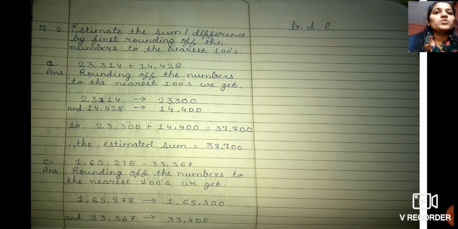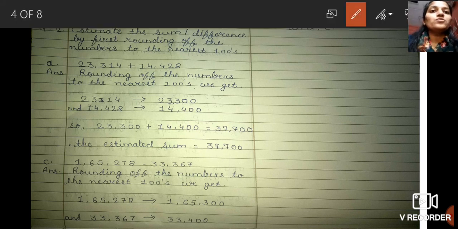Okay, so here we have to consider the tens place, which is 1 over here. So we are going to write both the places, tens and ones, as 0. Here also the same, as the tens place is 2, which is less than 5. So here 23,300 plus 14,400.